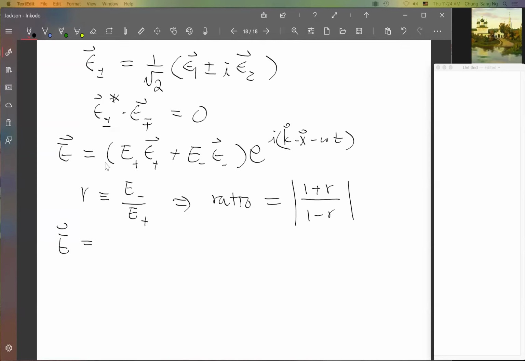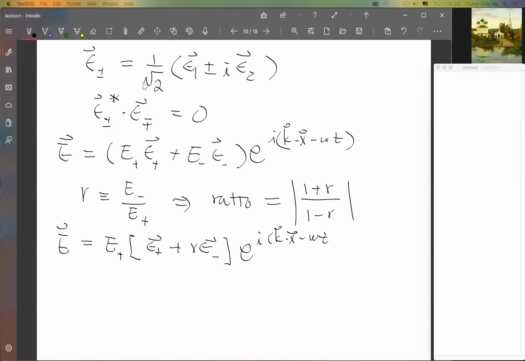And then that becomes epsilon plus R epsilon minus, and then the same phase vector. Then go back to epsilon 1 and epsilon 2 to get to this ratio, because epsilon plus and minus are defined this way.